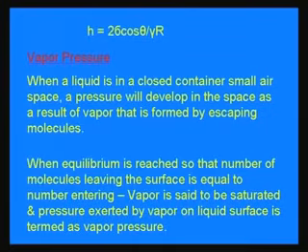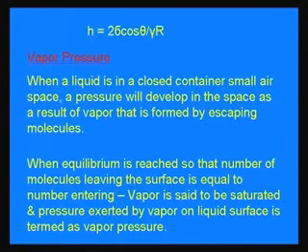So, the vapor pressure takes place when a liquid is in a closed container, and if there is some small air space, a pressure will develop in the space as a result of vapor that is formed by escaping molecules.